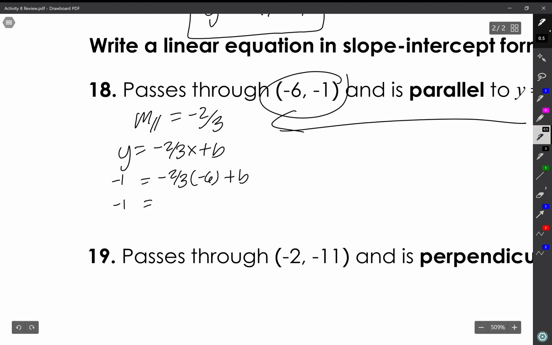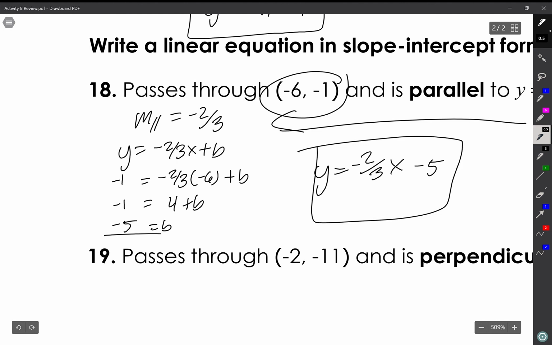So -1 is equal to -4 plus b. So add 4, we get 3 is equal to b. So my equation is y is equal to -2/3 x plus 3. And that's it.